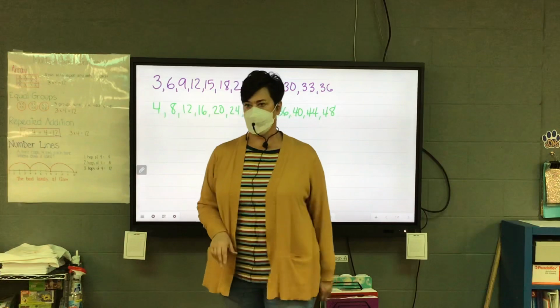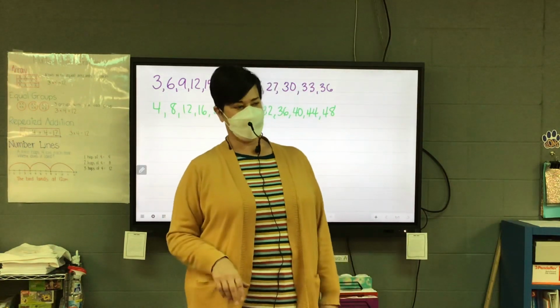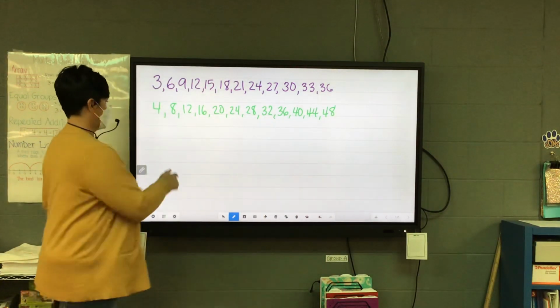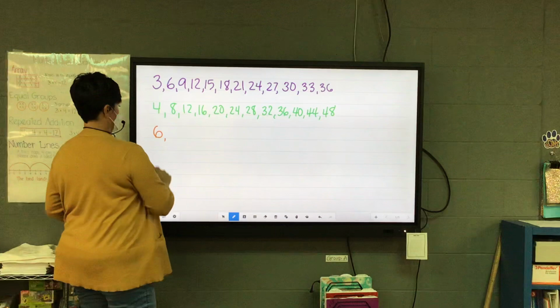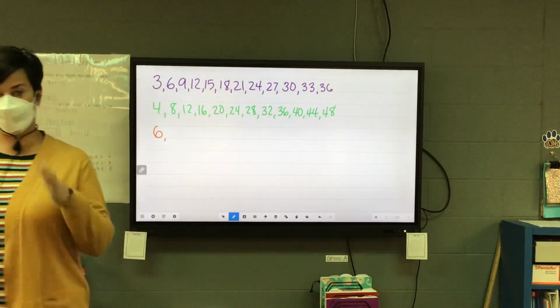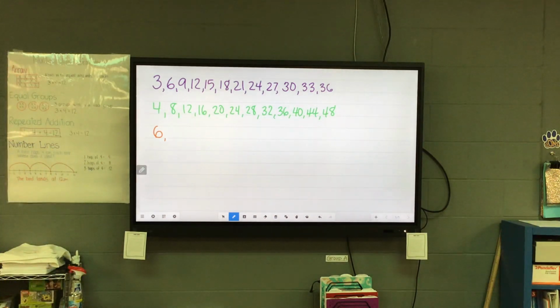What do you think we're gonna do next? Sixes, yes. So we're gonna start with what? 6. Awesome. We're gonna end with 72. That's the 12th multiple. So go ahead and write the multiples of 6.